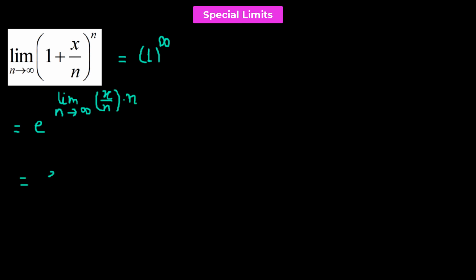So we get e raised to the power of limit n approaching infinity of x. Now the limiting value of x when n tends to infinity is going to be x. So we have e raised to the power of x. So this is going to be the limiting value of the given function when n approaches infinity.